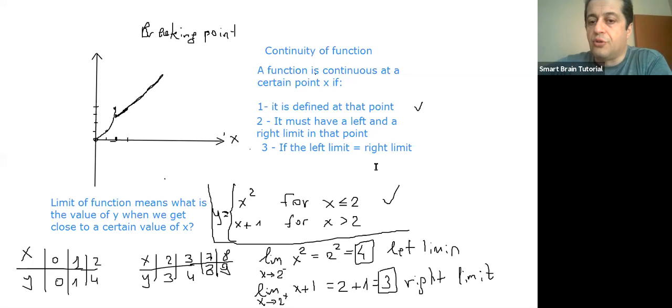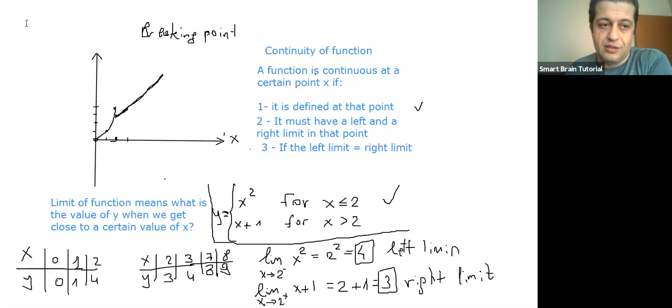Now the first two conditions are fulfilled in our example, but the third condition is not fulfilled because we don't have the left limit equal to the right limit, but we have two different values. So that's why our function here is not continuous. It has a breaking point at x equal to 2.